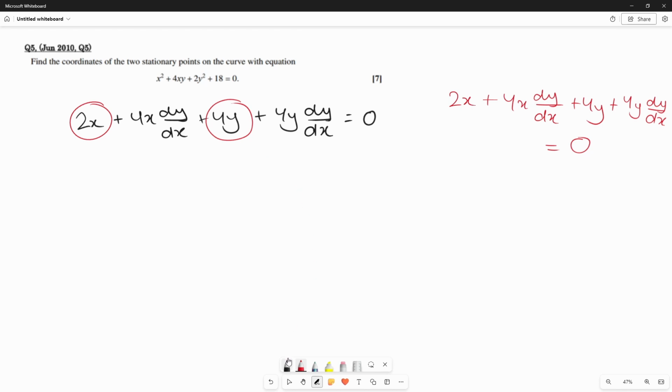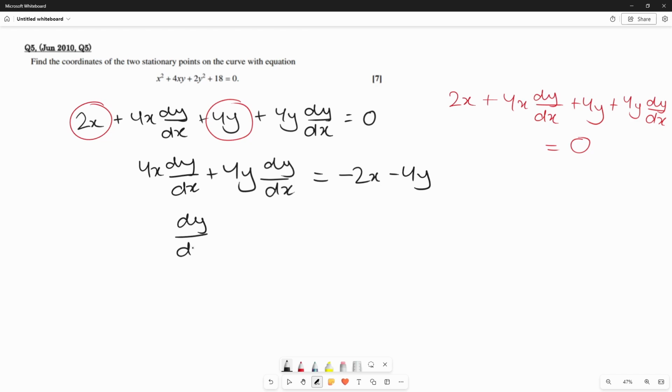So that'll be 4x dy dx plus 4y dy dx equals minus 2x minus 4y. We'll factorize the dy dx out: dy dx times 4x plus 4y equals minus 2x minus 4y, and then we'll divide by the 4x plus 4y, so we just get an equation for dy dx.